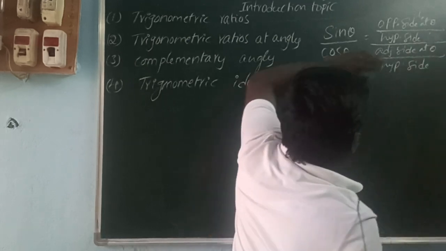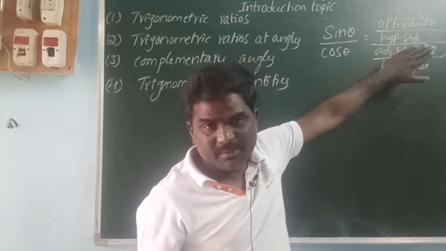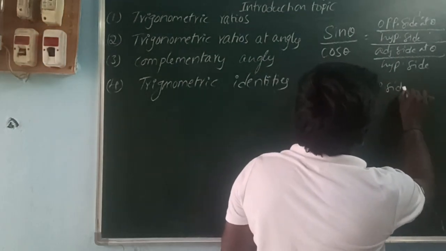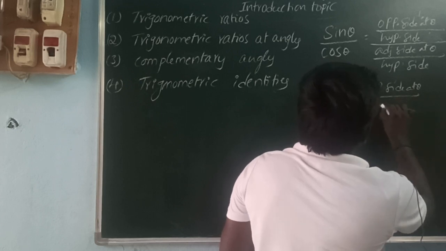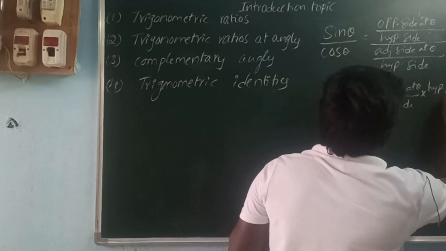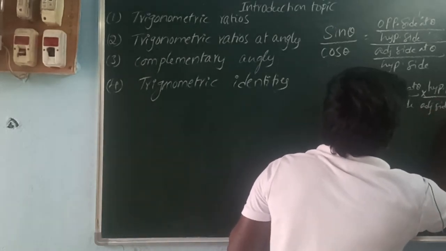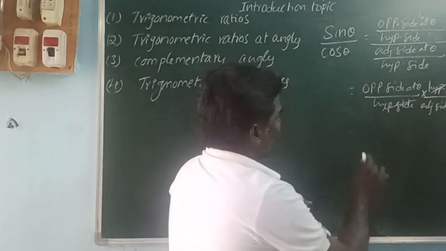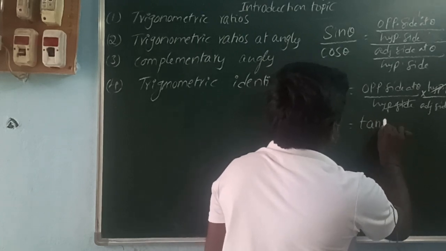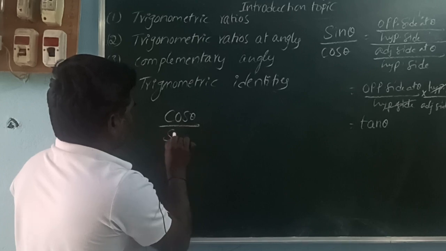So it is the sine, it is the cos. So for a fraction, the denominator becomes reciprocal: opposite side at theta by hypotenuse side into hypotenuse side by adjacent side at theta. Hypotenuse cancels. So what remains? Opposite by adjacent, nothing but tan theta.